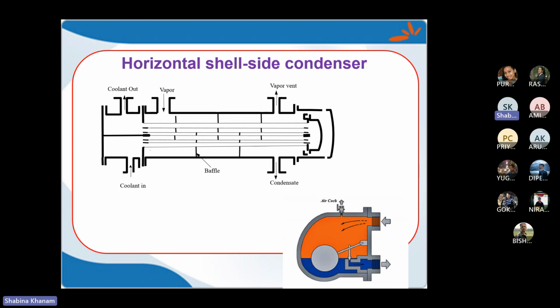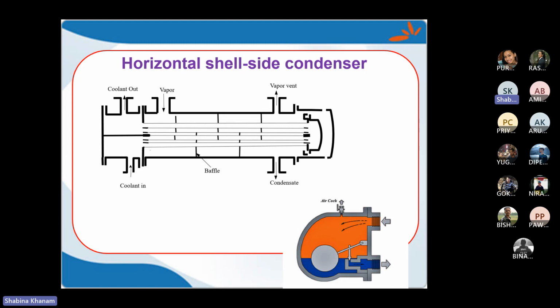It's not uniform. As we discussed in shell and tube heat exchangers, here the phenomena are different, so we have to consider the design differently. What that difference is and how to consider it, all that we will discuss in today's class.